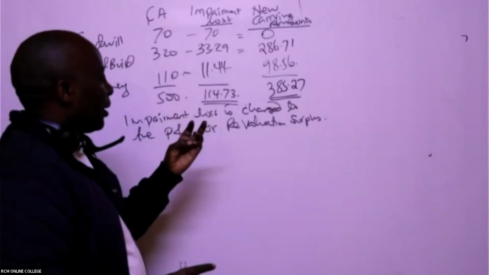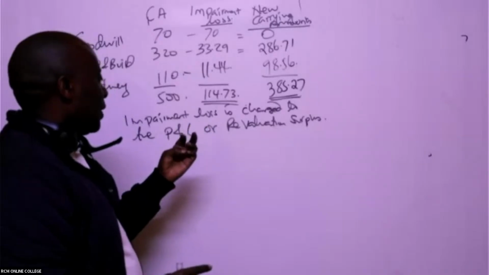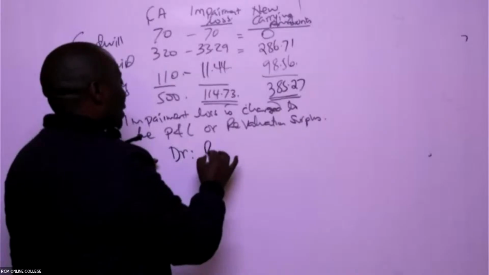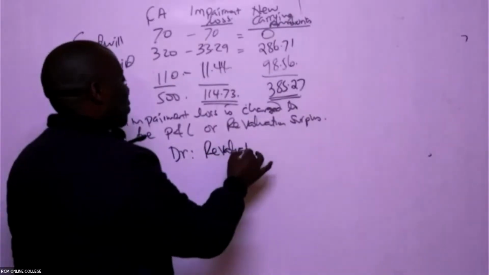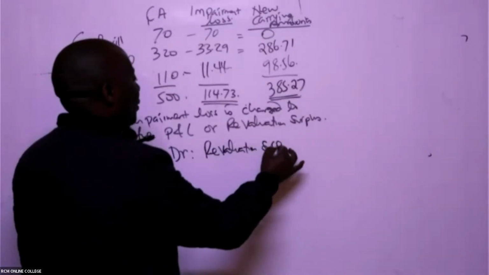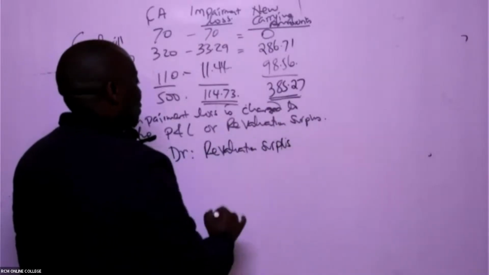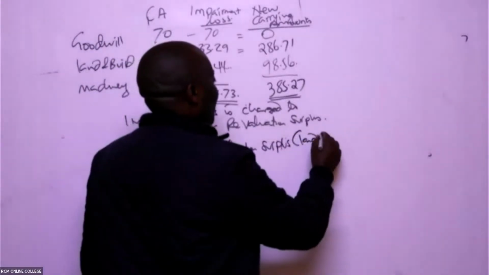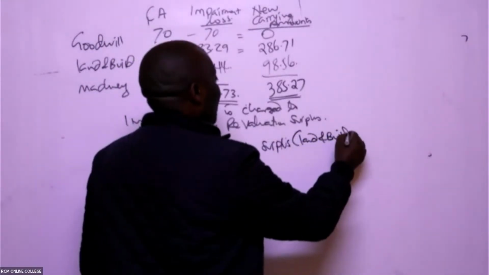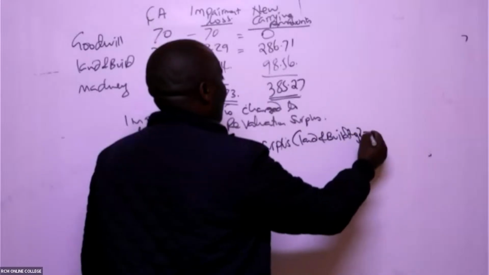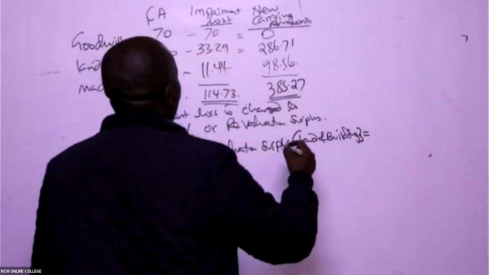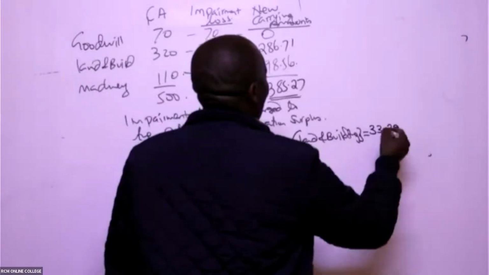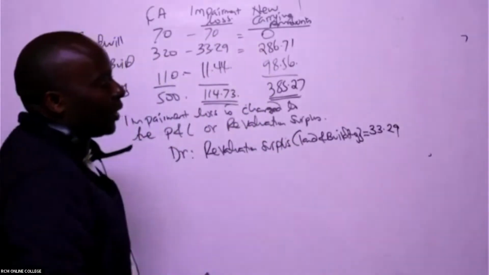So we're going to debit revaluation surplus for land and buildings with 33.29.